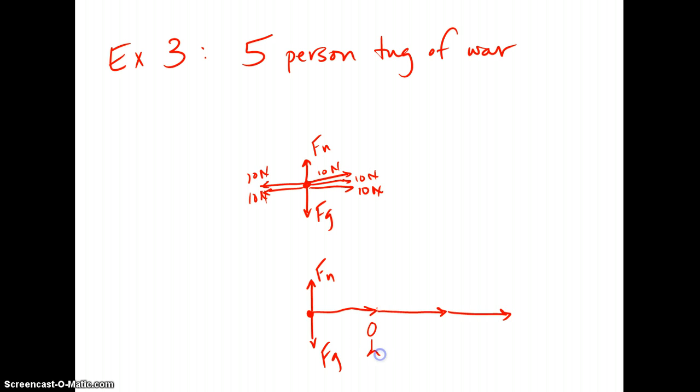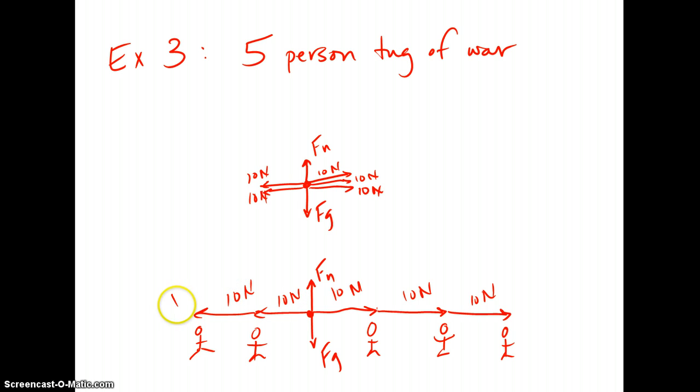You can look at it as 3 people pulling here. And each of them is pulling 10 newtons. And 2 people pulling here. And they're all pulling 10 newtons as well. And remember, these are applied forces.